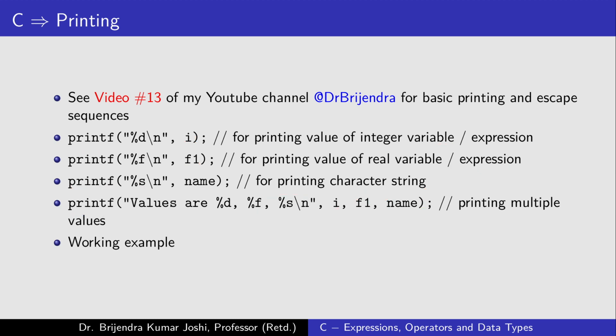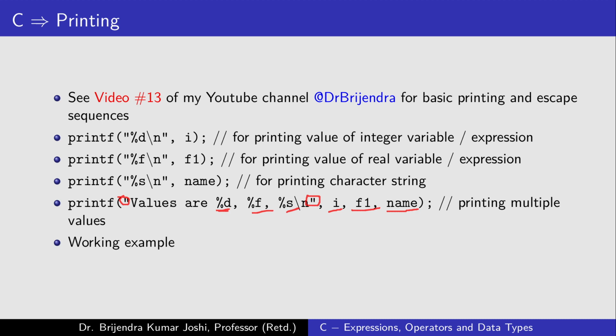It means these must match. Within double quotes, after the first double quote within the printf function, we call this a format string. It will print this. So i must be of type %d, f1 must be of type %f, that is, a floating point number float, and for %s, name must be of type character string.